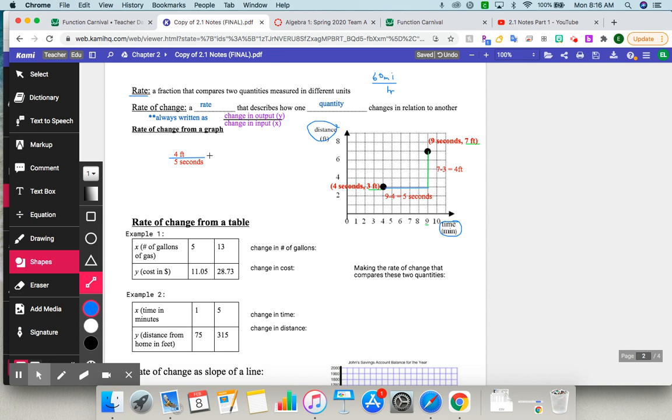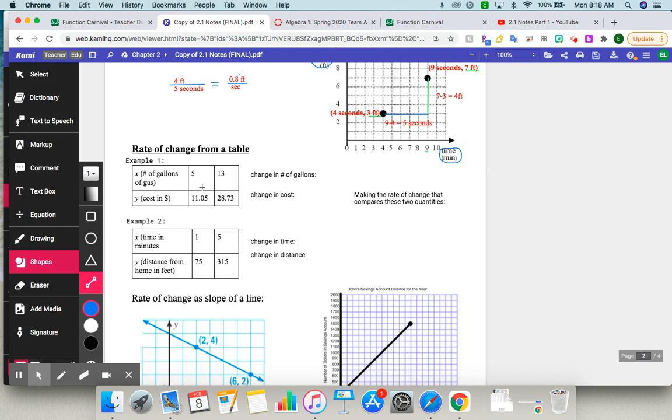Now I can write this as a unit rate by taking 4 divided by 5, and that would tell me that my unit rate is 0.8 feet per second. So if I were to continue this graph, then I know the next point would be a change in seconds of 1, so I could go 1 unit to the right and then 0.8 units up to change my feet. And we'll talk about this a little bit more in the section below.